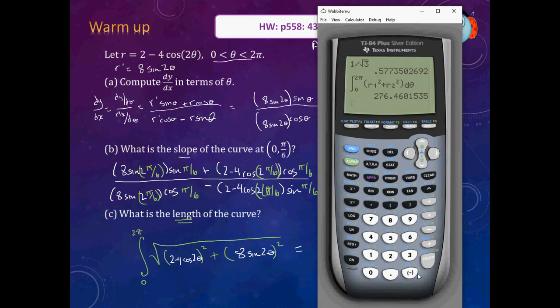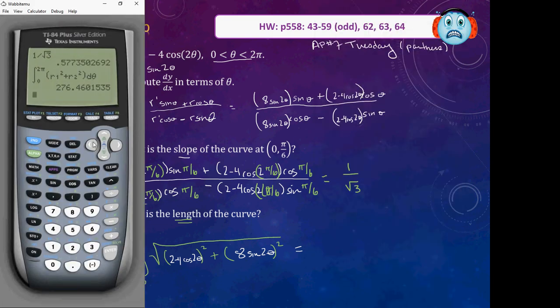That's not the number I got in my notes. Did I do that right? 2 minus 4 cosine 2 theta and 8 sine 2 theta. Oh, I didn't do the square root, did I? Silly, silly, silly.